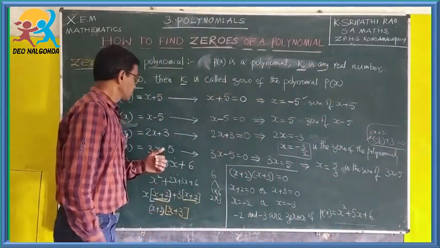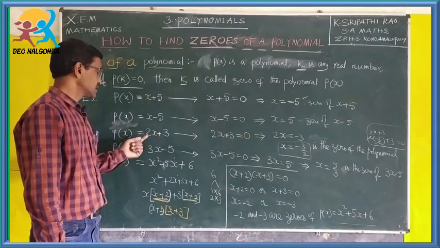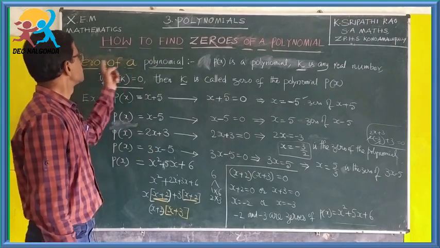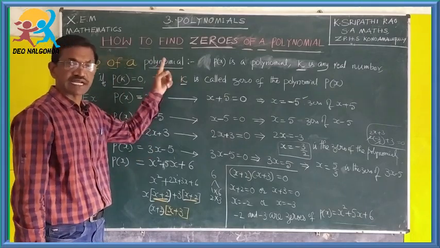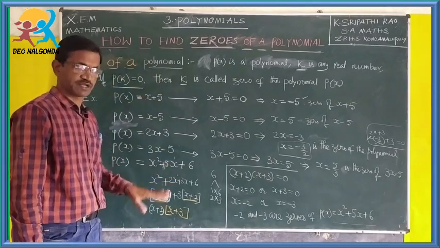So for whatever value of x the polynomial becomes 0, that value is called the zero of the polynomial, whether it is a linear, quadratic or cubic polynomial.